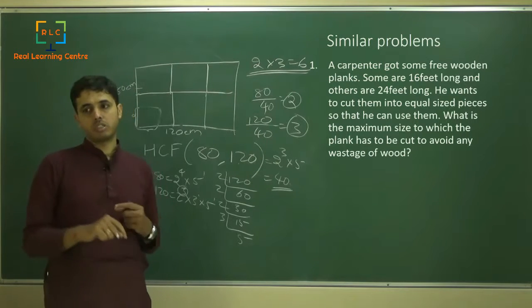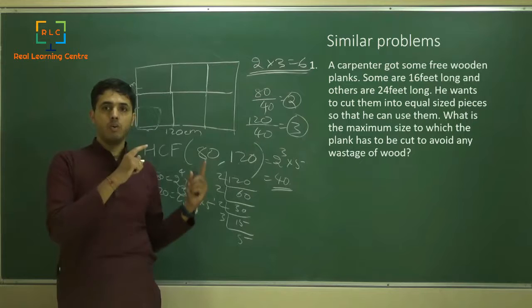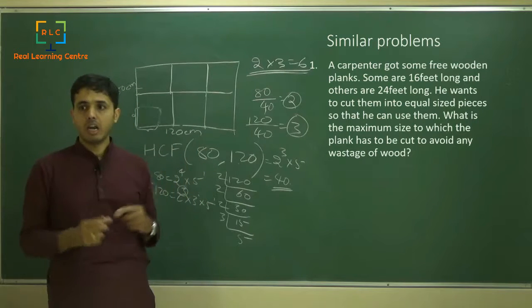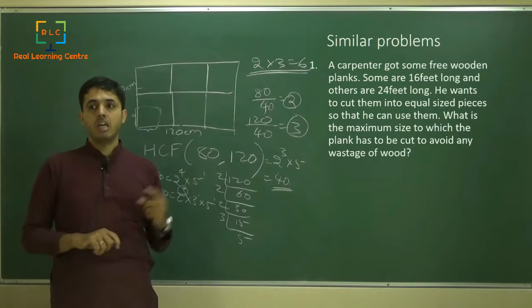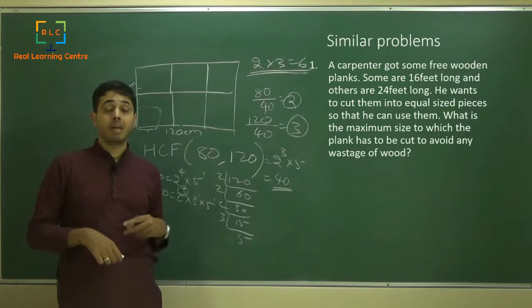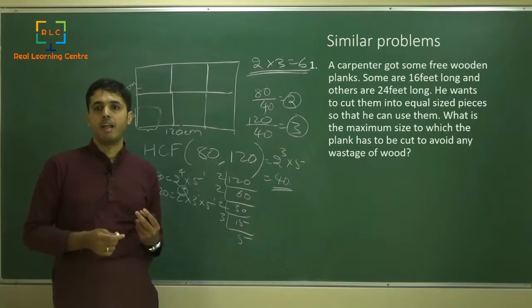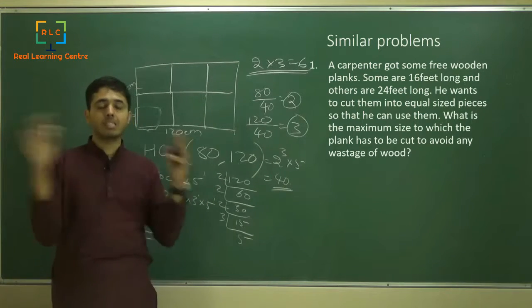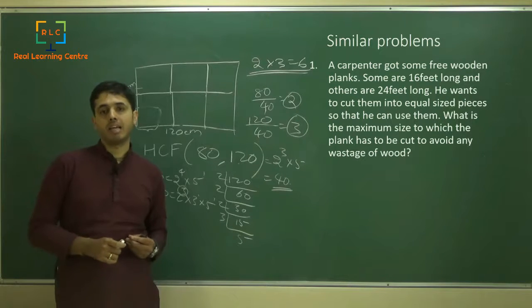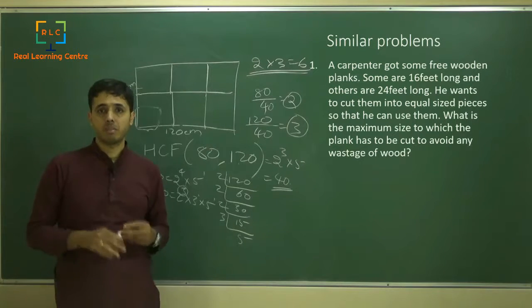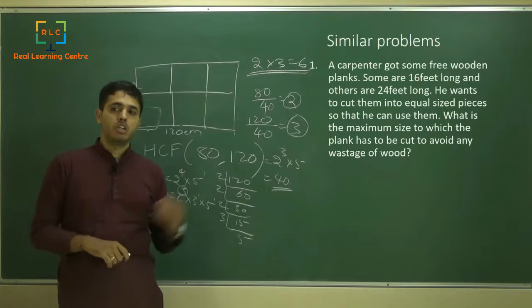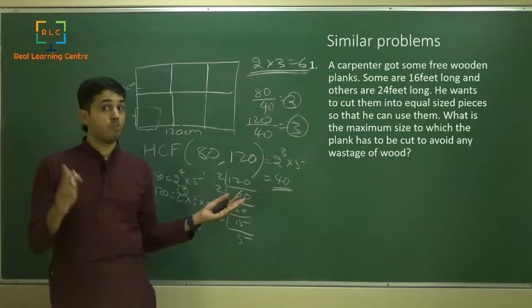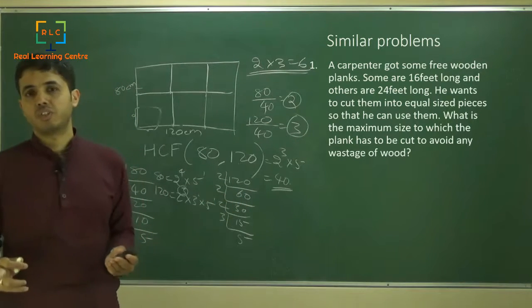Now, how to cut it? Point is, while cutting, remember the word cut and remember the words equal size. Now he wants to maximize the size of this plank, the smaller plank, maximize the size of it. How to do it? And no wastage, note the keyword no wastage.